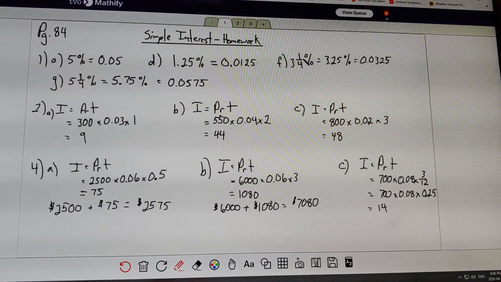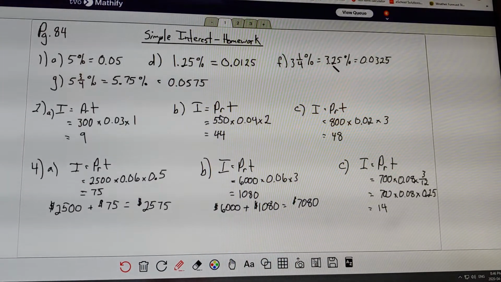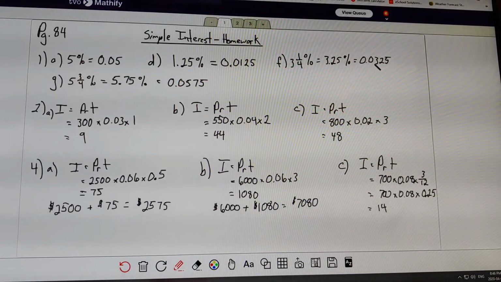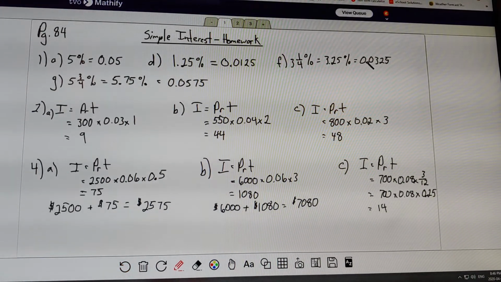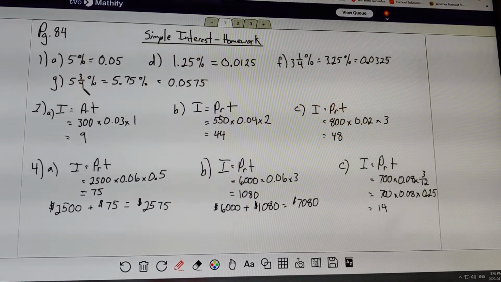So if you're not sure what that fraction is as a decimal, just run that through your calculator. 1 divided by 4, you'll get 0.25. So we know that this is 3.25%. So you can write it down as that. And then once, twice to the left, dividing by 100 brings us to 0.0325.